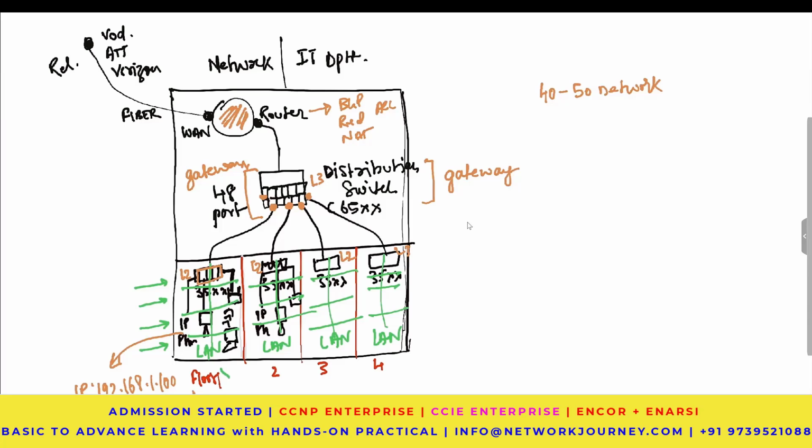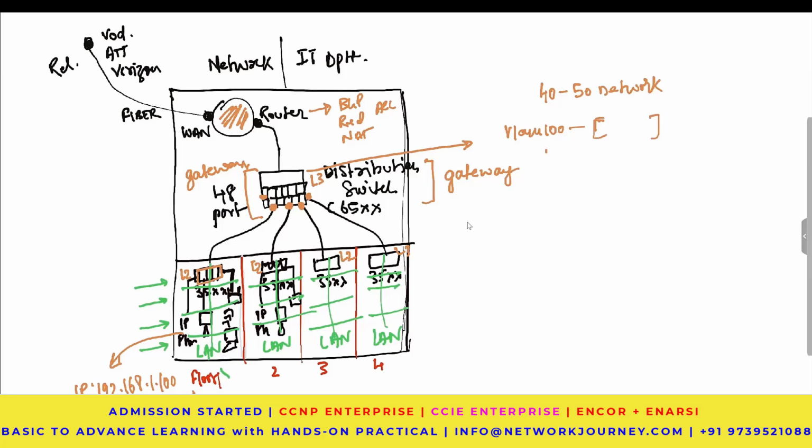In case a person from here wants to talk to another floor who is connected on a different network, his packet will first go to this distribution switch, and there it will see the routing table and then get into the other floor. Access layer is only going to deal with the VLAN concept, only the L2 things. Gateway is the L3 level, which will be terminating on the distribution switch.